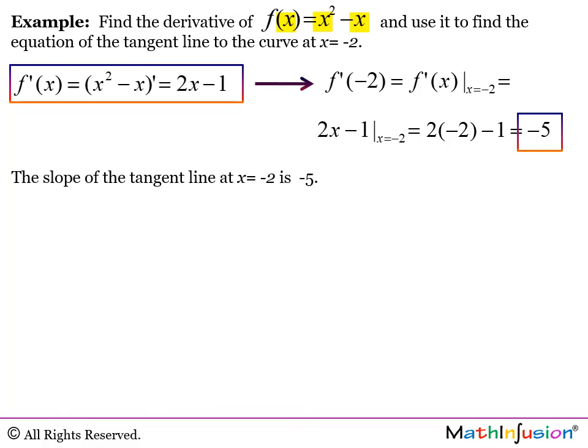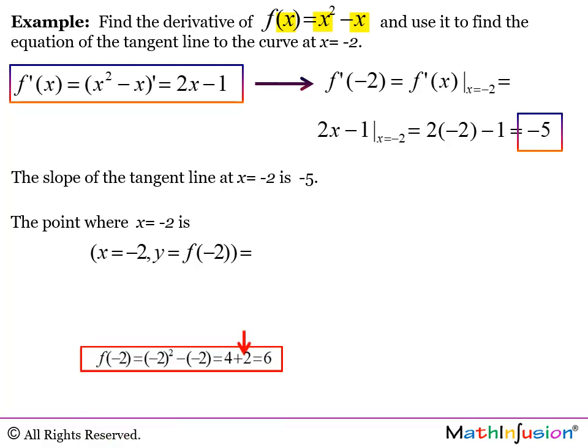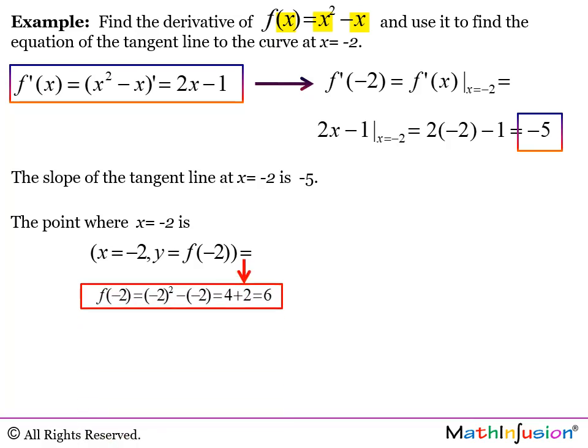So for the equation of the tangent line, I need the slope of the tangent line, which is negative 5, and also I need a point. The point is a point on the graph of a function. So when x equals negative 2, y equals f of negative 2. f of negative 2 is negative 2 to the power of 2 minus negative 2, and we get 6. So the point is negative 2 and 6.